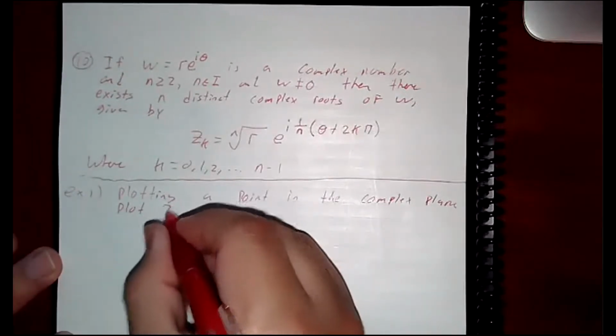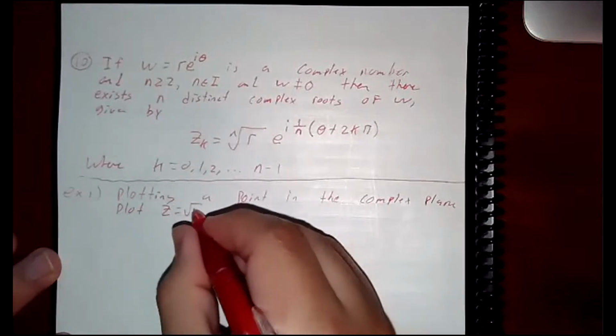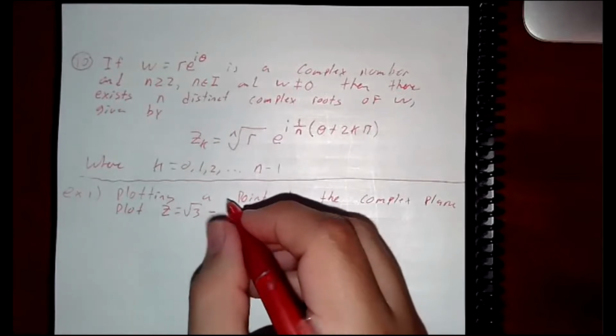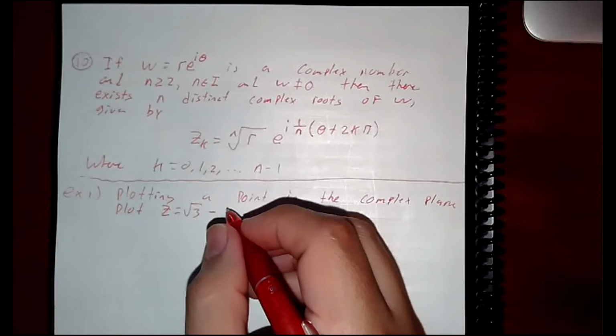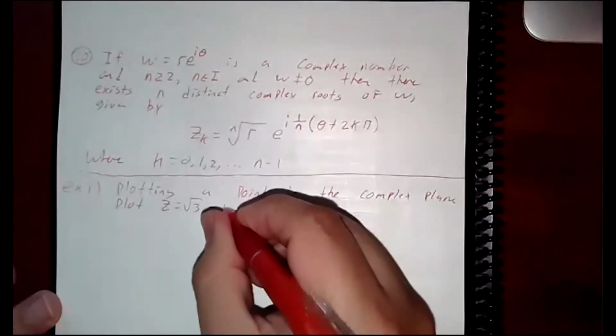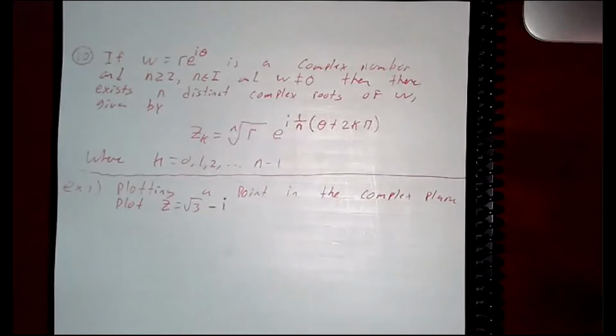Plot z equal to the cube root of 3 minus i. Let me check I wrote this correctly. It is i. Okay. So let me find a nice picture for you.